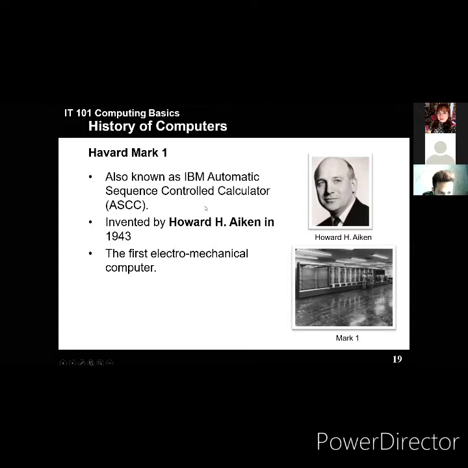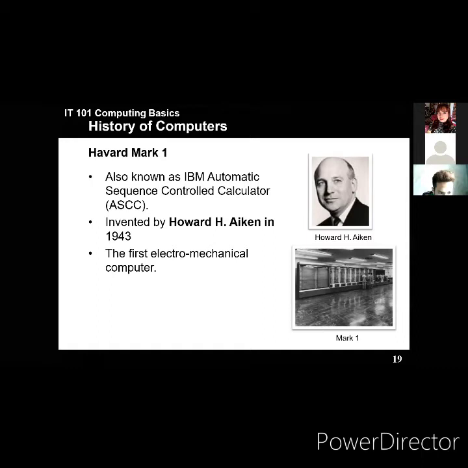So, ang trivia ni Howard Aiken, dito po nag-start yung word na debug. So, one of the students of Howard Aiken studied the Mark I, kasi meron siyang isang device na hindi na gumagana. So, pinag-aralan yung estudyante niya at nakakita ng dead moth dun sa sensitive part ng computer ni Howard Aiken.